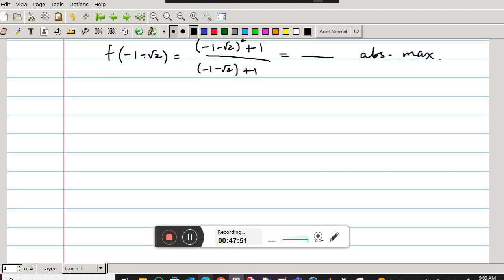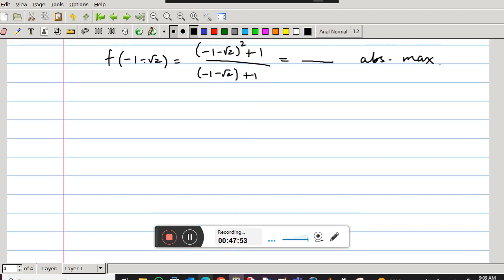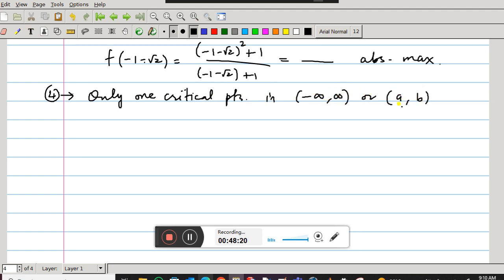There is an easier test for both infinity and minus infinity, if we are lucky enough, the fourth and the last one. If we have only one critical point, no matter if it is an open interval or infinite interval, only one critical point in minus infinity to infinity or in open interval AB, above two tests, right?